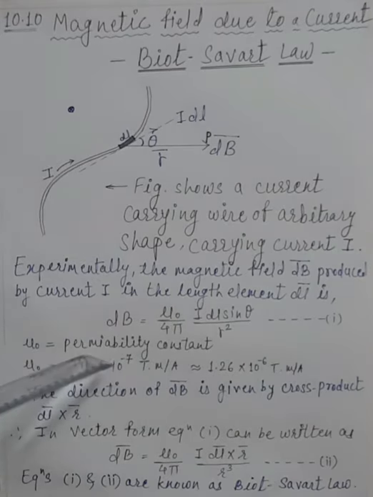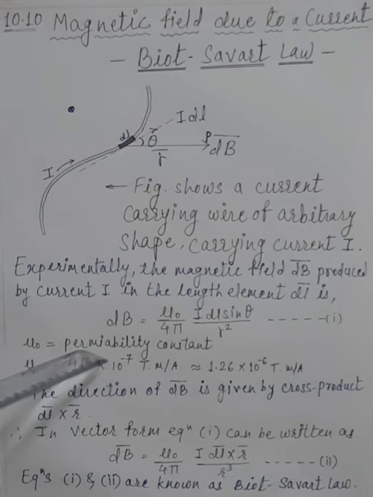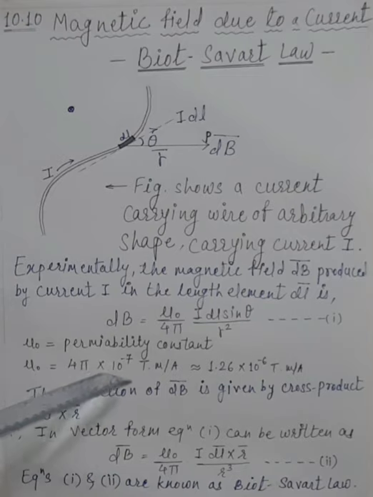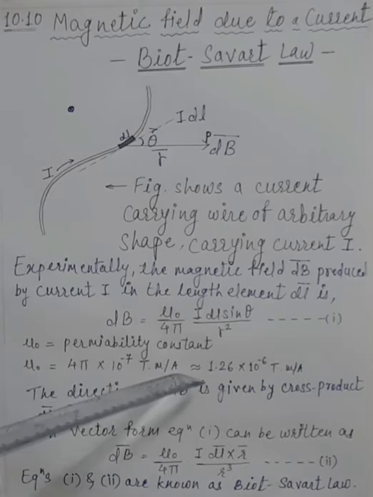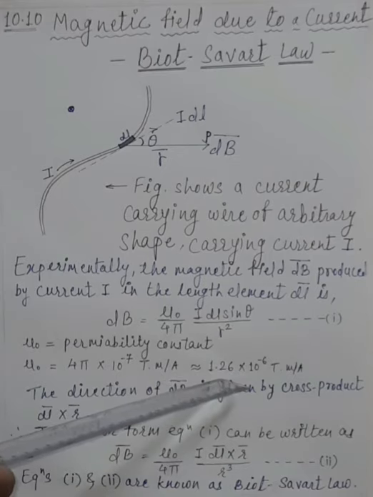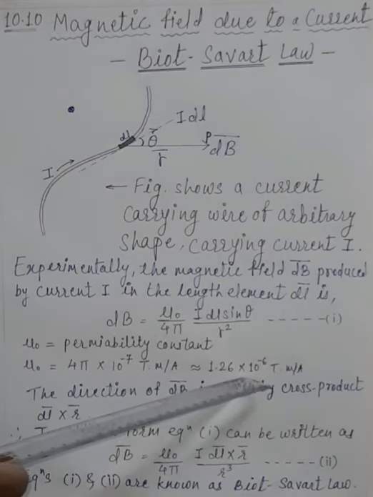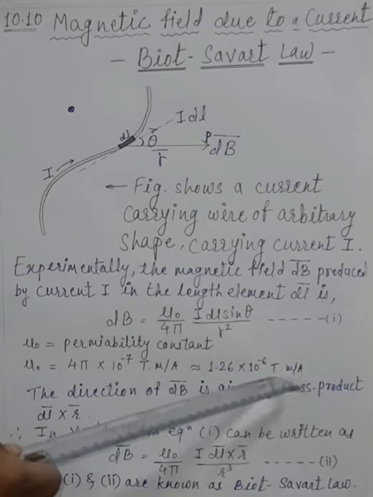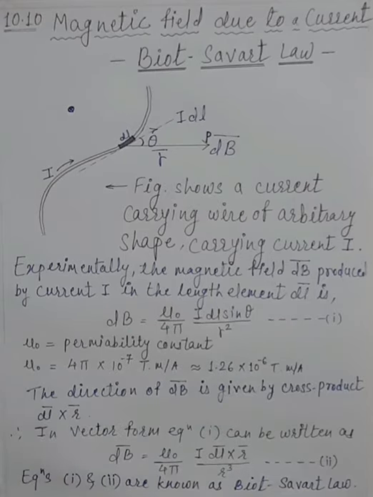What is permeability? Permeability is the ability of a medium to pass the magnetic flux lines through it. This constant is 4 pi into 10 raised to minus 7 Tesla meter per ampere. Near about its value is 1.26 into 10 raised to minus 6 Tesla meter per ampere.